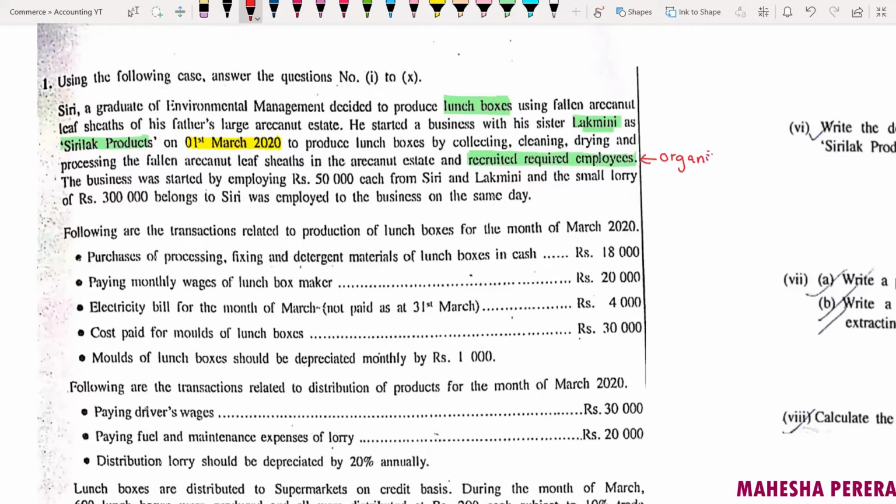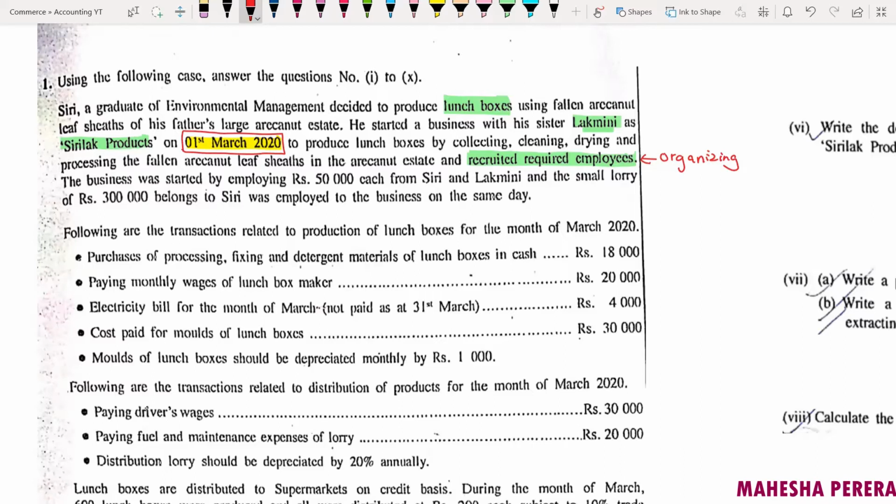Now, notice this date. This is the starting date of the business.